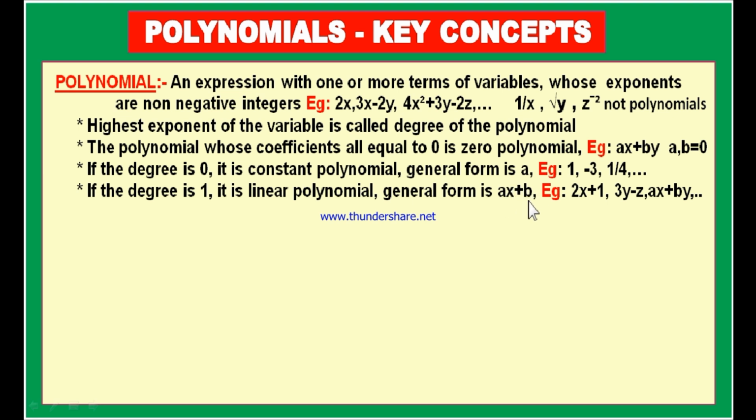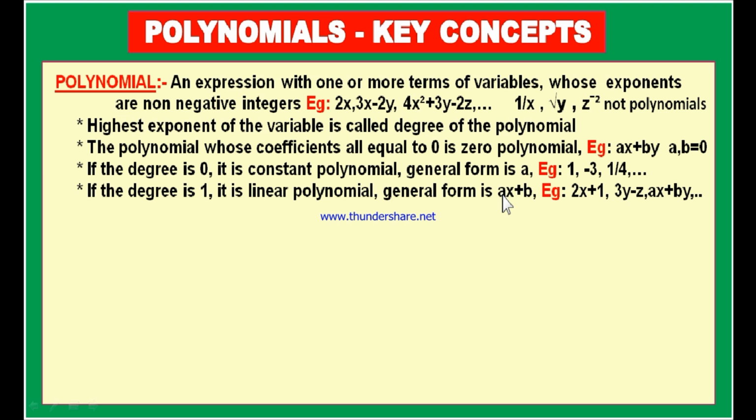You can write ax plus b as a into x power 1 plus b into x power 0. Here, the exponent of x is 1 in the first term and the exponent of x in the second term is 0. Then what is the degree? The highest exponent is 1, therefore the degree is 1.